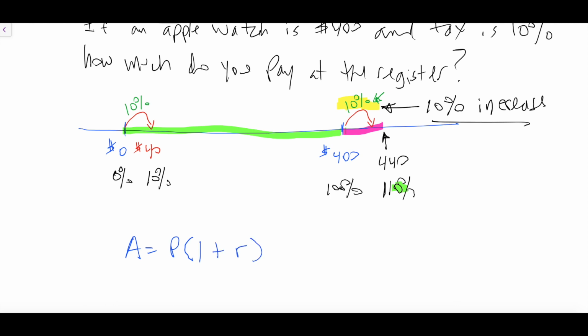Now this R right here is your percent increase. And this 1 is 100% in decimal language.